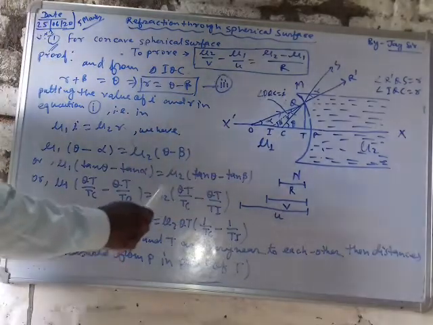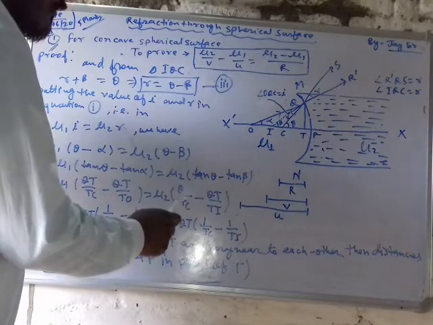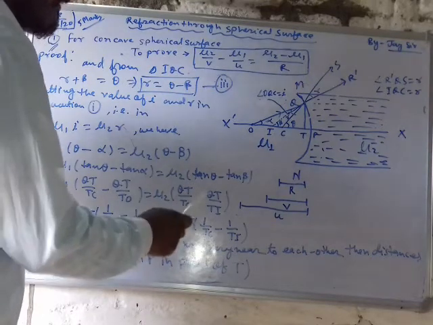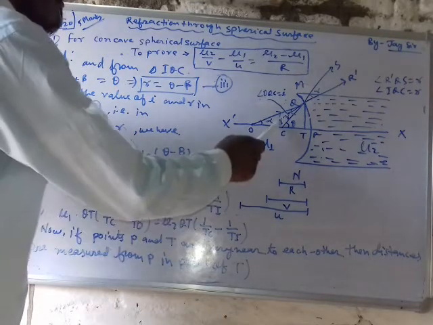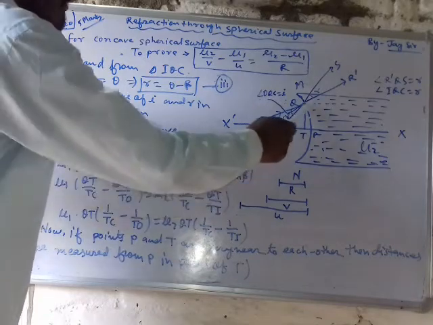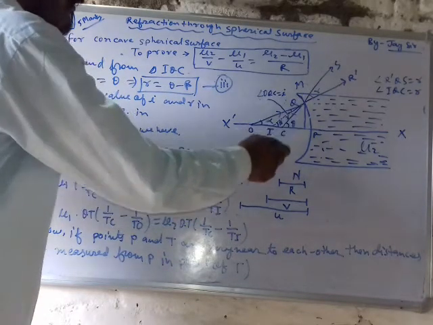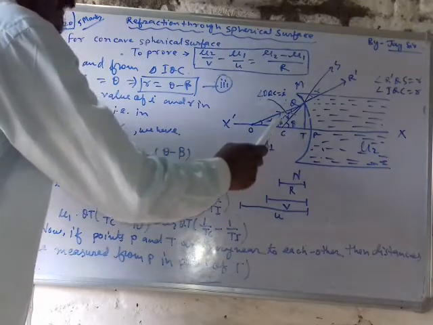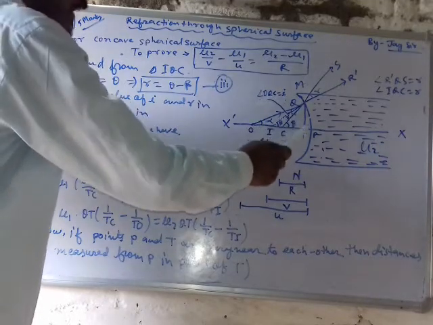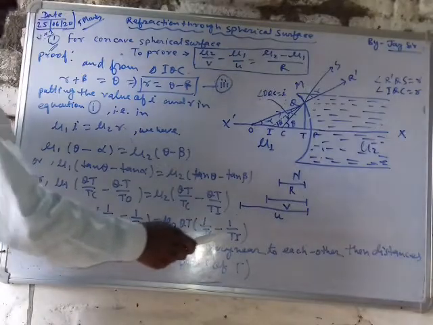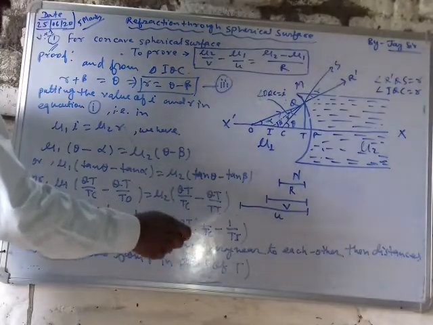Further, tan theta is qt by tc, minus tan beta. From triangle I, qt, tan beta equals qt by ti.